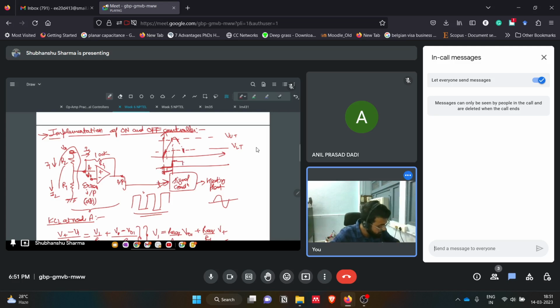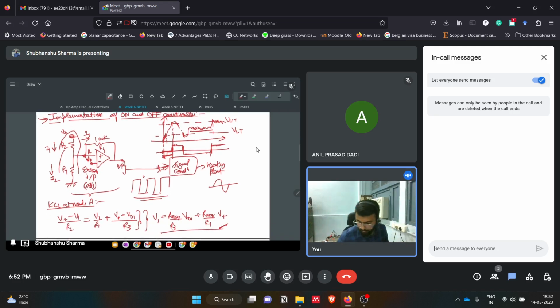Only then does it transition from high to low. If the signal is varying between the thresholds, then initially, if it was low, it will remain low. But once it reaches the upper threshold, it will go high, and the variations there will not affect the output of the Schmitt trigger; it will remain high. This is what we studied.